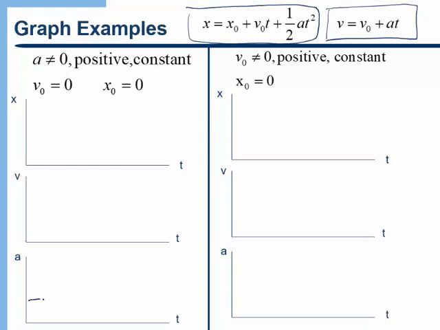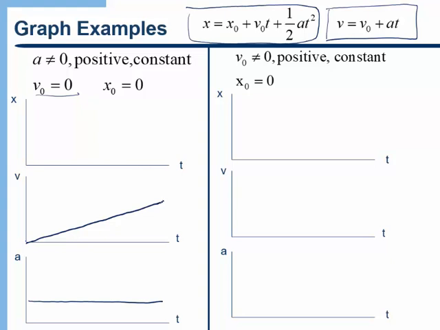So in other words, the acceleration is just a straight line with a positive value. Okay, well, we know what v equals v naught plus at is going to be. It's going to be an increasing straight line. And with the case that v naught is 0, it's going to look just like that.